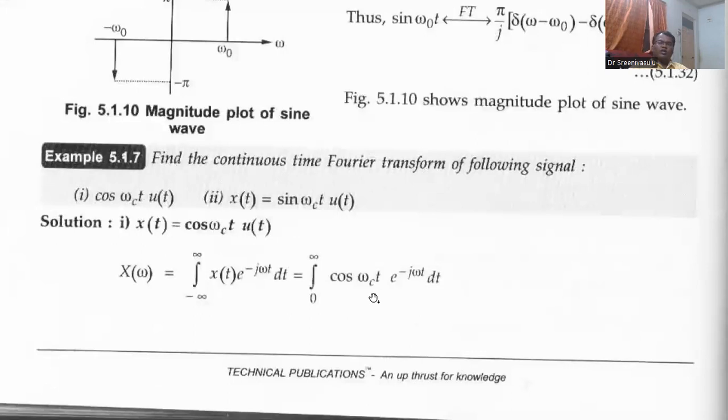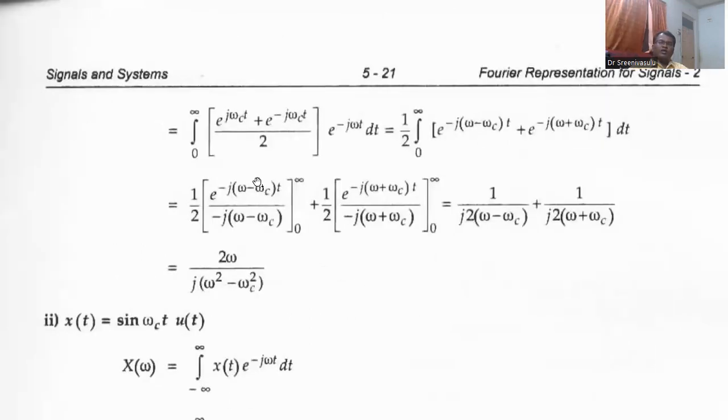This cos omega naught t again you can write as e power j omega naught t plus e power minus j omega naught t, divided by 2. We already have e power minus j omega t, so you multiply it with these two terms. You will get e power minus j omega minus omega naught t plus e power minus j omega plus omega naught t. Now, we integrate this exponential function with respect to time.